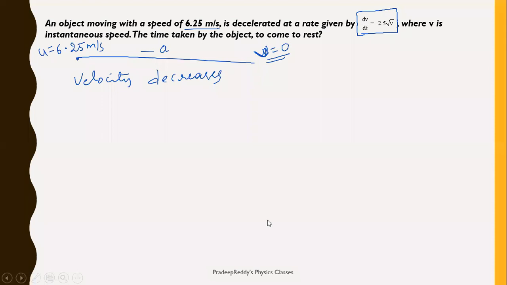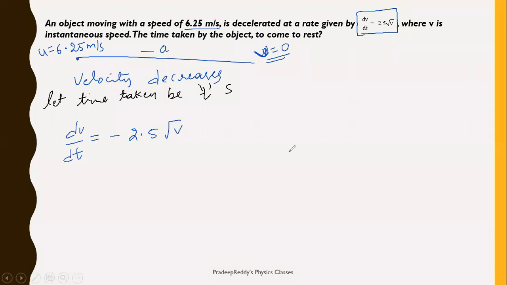So in order to come to rest, let the time taken be t second. I am considering that in that particular time t second, it is starting from initial velocity 6.25 and coming to rest position. And how is this acceleration variable? It is mentioned that acceleration is variable as dv by dt is equal to minus 2.5 into root v.